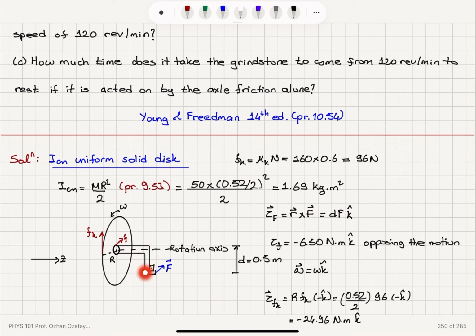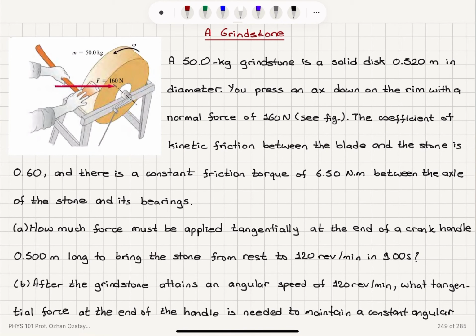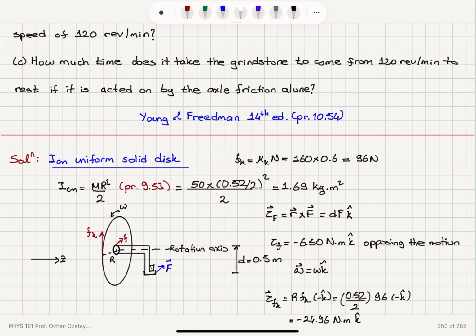You can see that R cross F is in plus k hat with the right hand rule. So that will cause angular acceleration to bring it from 0 angular speed to 120 revolutions per minute frequency in 9 seconds.